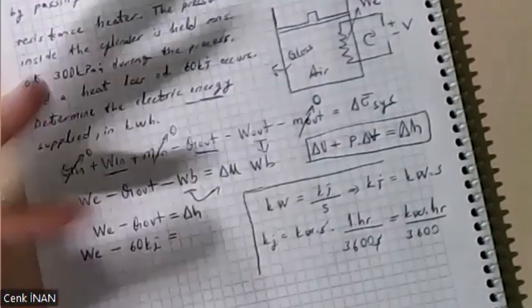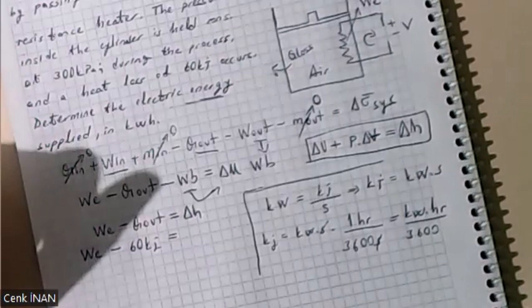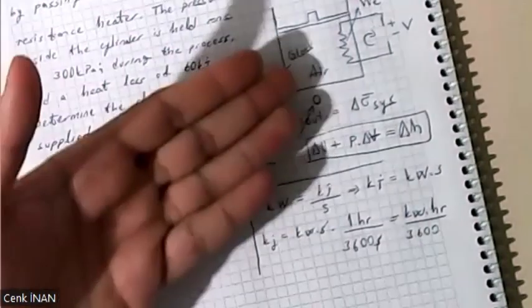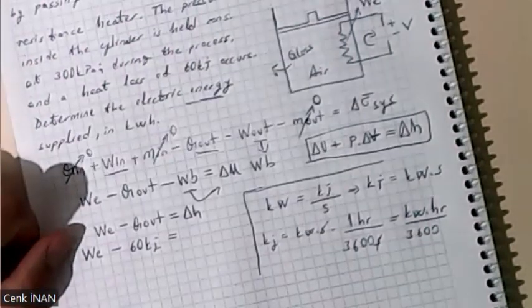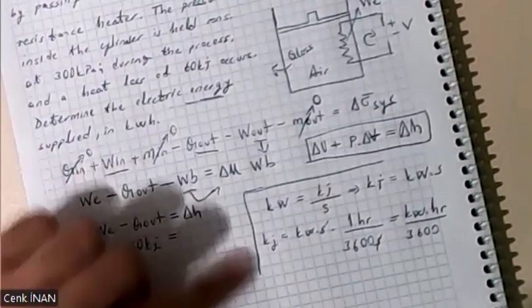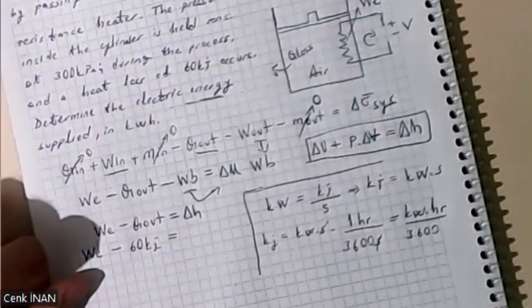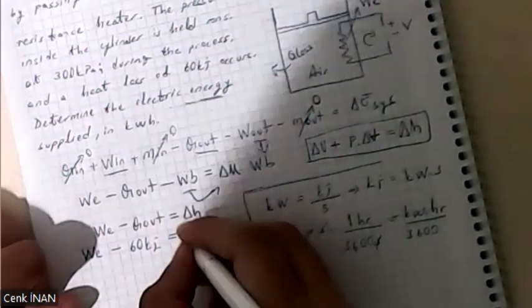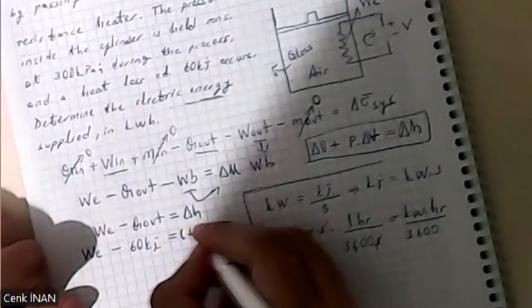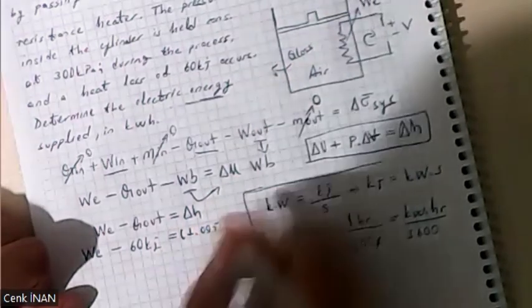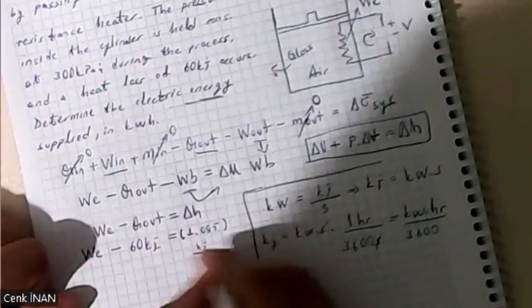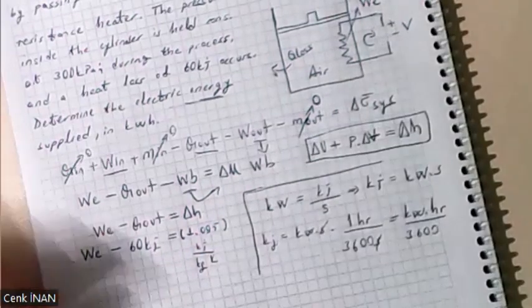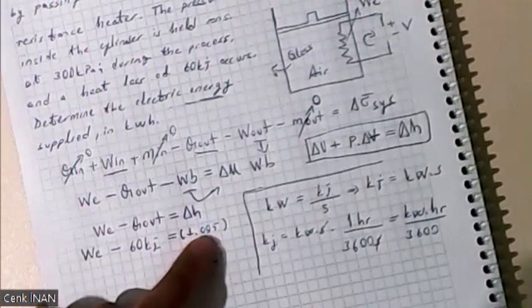Because the system is isobaric and the pressure is constant, we can use the Cp value. Cp for air at room temperature is 1.005 kilojoule per kilogram Kelvin.